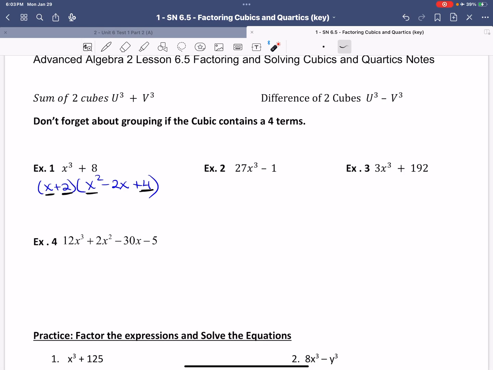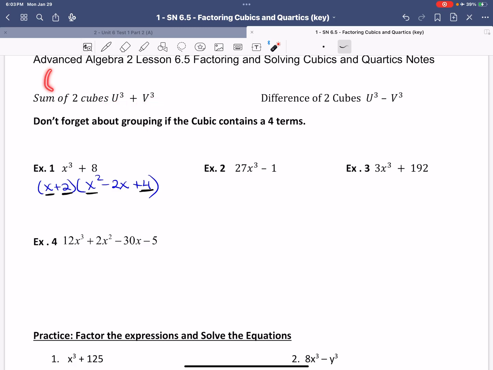What does that mean? Well, that means that if you have a binomial where the first term is a perfect cube and the second term is a perfect cube, we have a pattern for that. And here is the pattern.